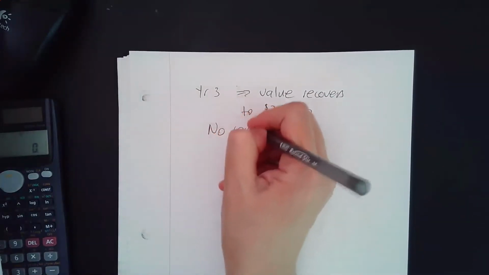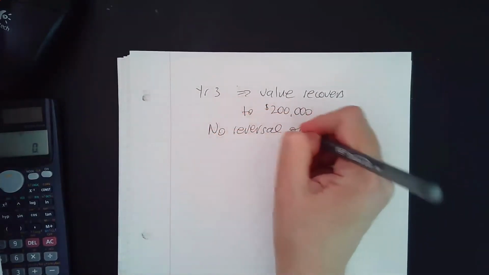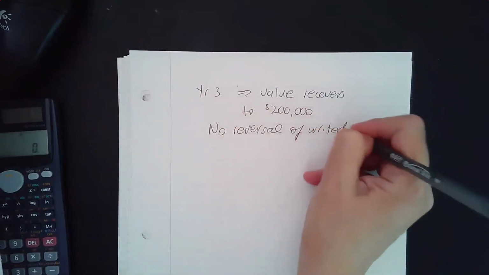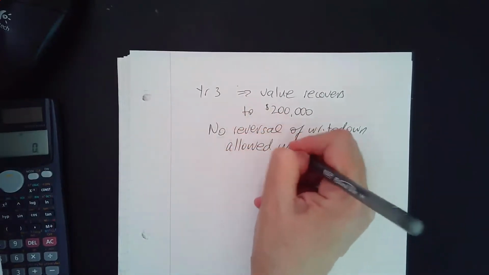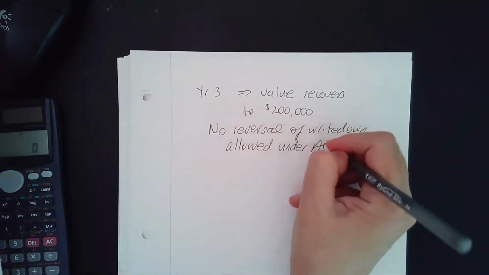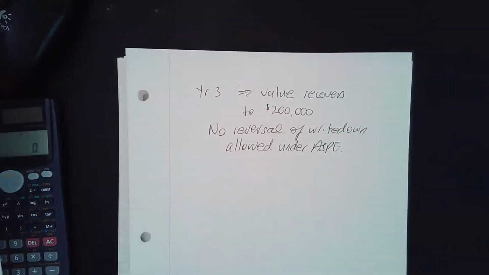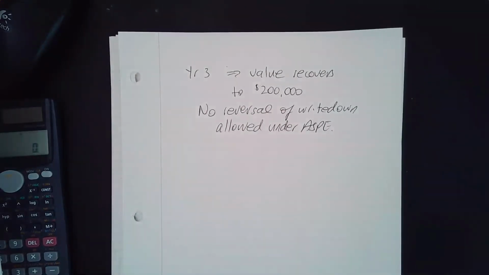No reversal of write down allowed under ASPE. There we go. So that is impairment testing for both ASPE and IFRS.